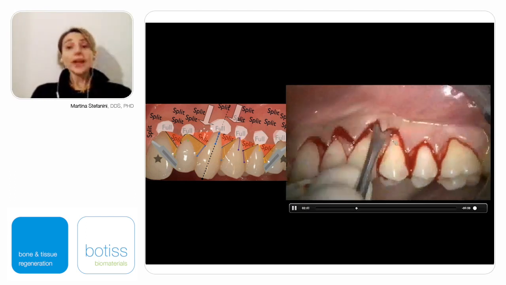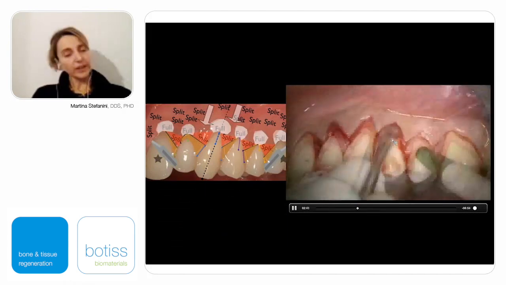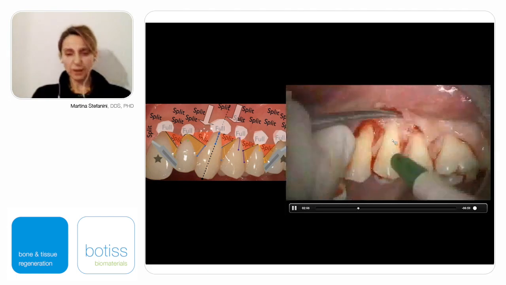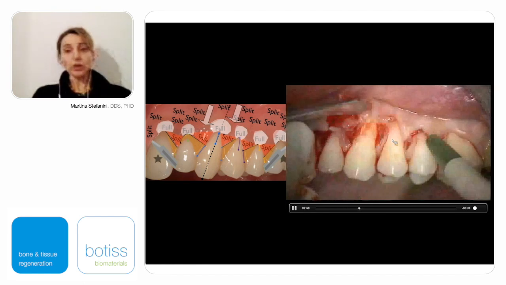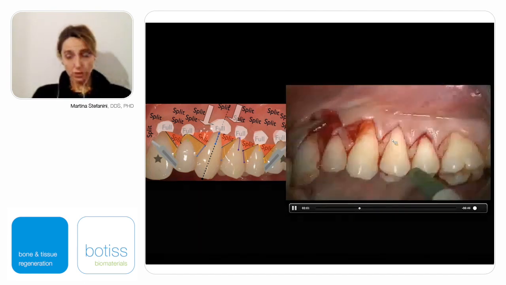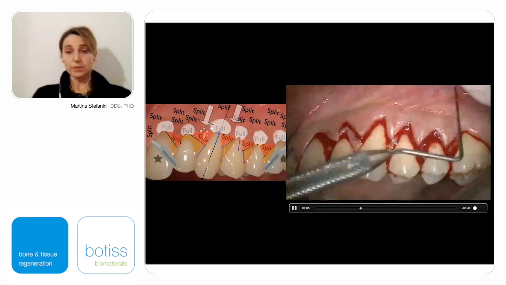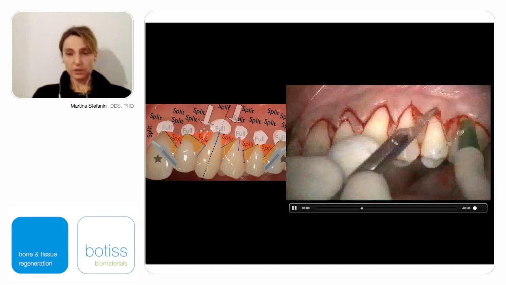And now we have to elevate full thickness with the periosteum elevator until we reach the bone crest, and then we go beyond it for 1-3 millimeters in order to incorporate the periosteum inside the flap in this portion of the flap that will be moved coronal and will cover the avascular root surface.